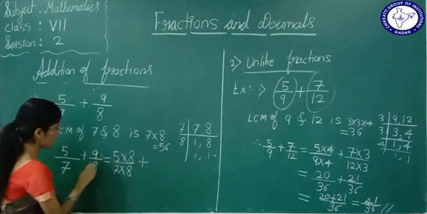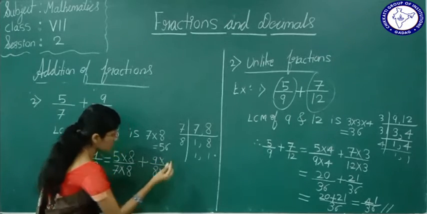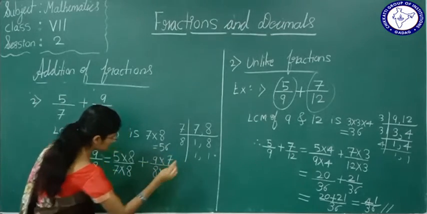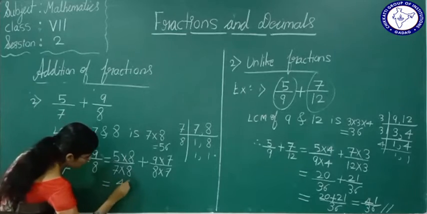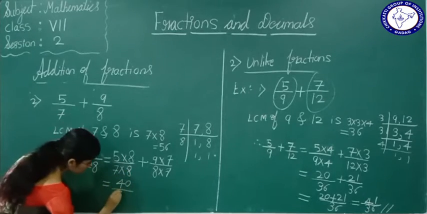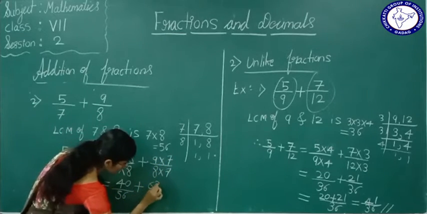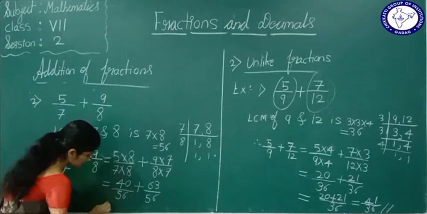Plus 9 by 8. 8 how much are 56? 8 7s are 56. 5 8s are 40. 40 by 7 8s are 56, plus 9 7s are 63. 8 7s are 56. Okay.